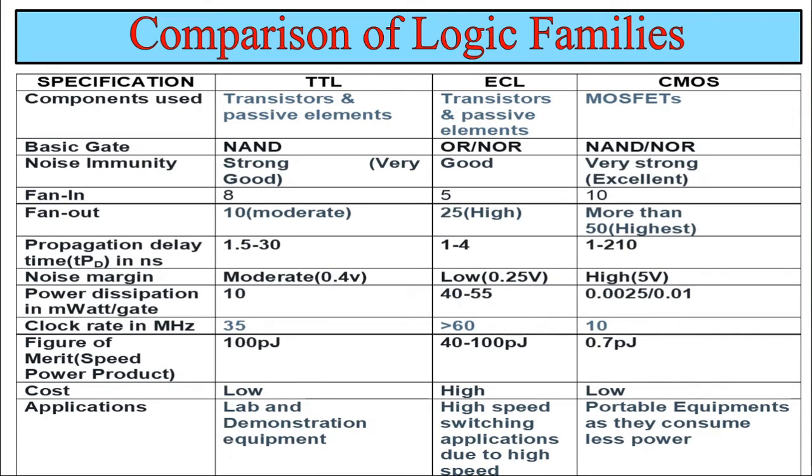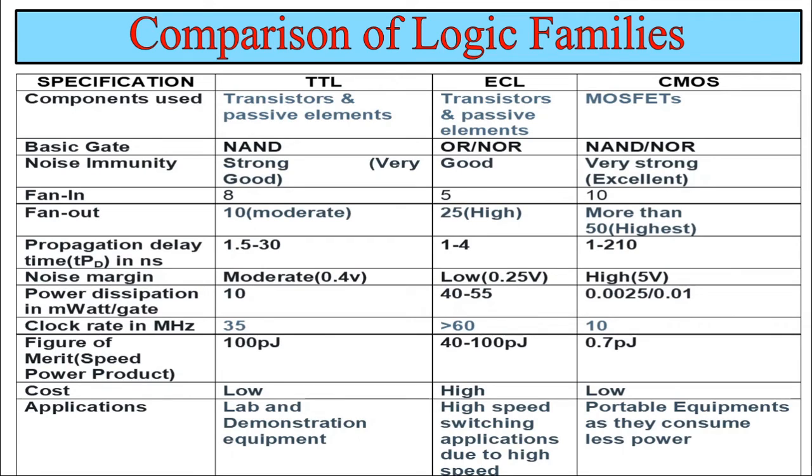Then the next important specification is figure of merit, or it is also called as speed power product. And in case of TTL, this speed power product is near about 100 picojoule. In case of ECL, it is 40 to 100 picojoule. And in case of CMOS, it is equal to 0.7 picojoule.